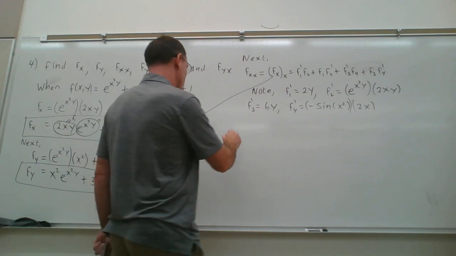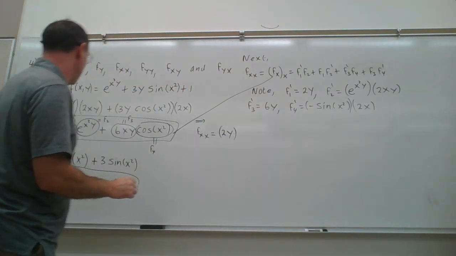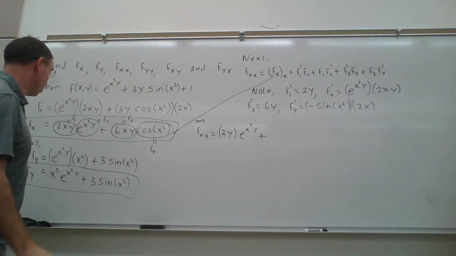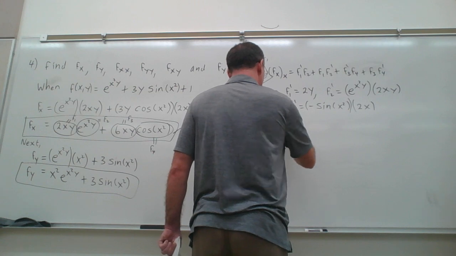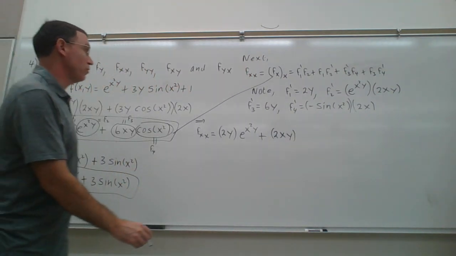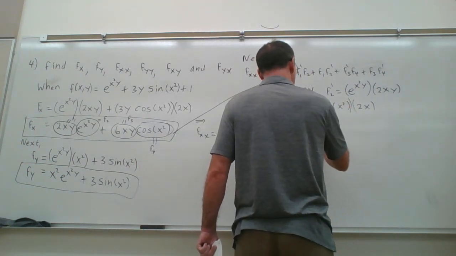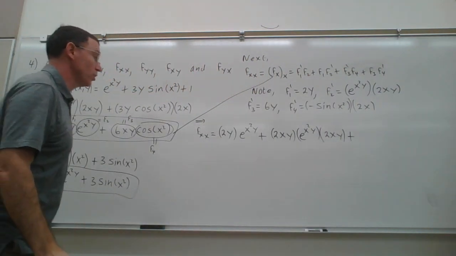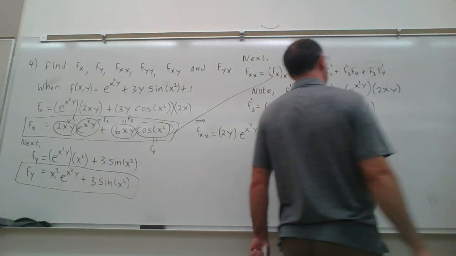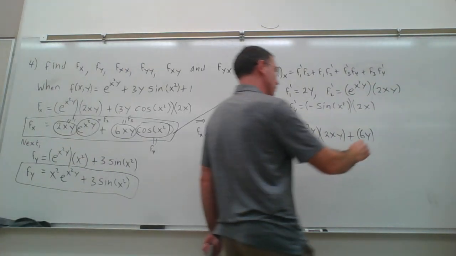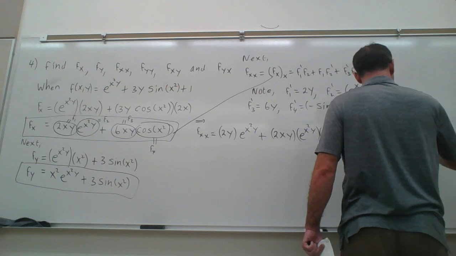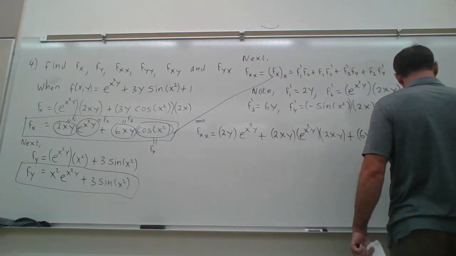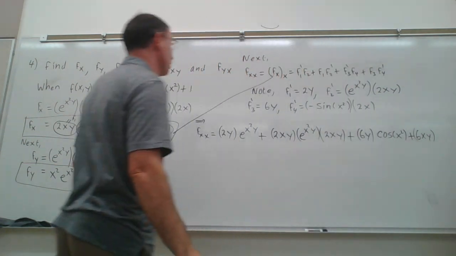So the f1 prime, so 2y, times f2, which is e to the x squared y, plus f1, so 2xy, times f2 prime, so f2 prime is here, so e to the x squared y times 2xy, plus f3 prime, so 6y, times f4, f4 is the cosine of x squared, plus f3, so 6xy, times f4 prime.